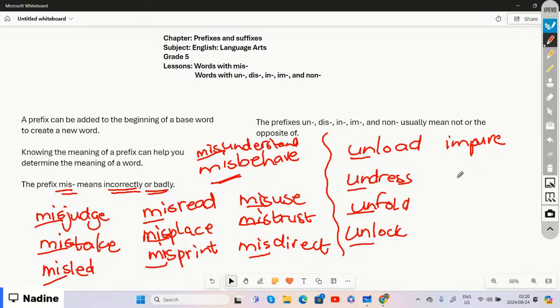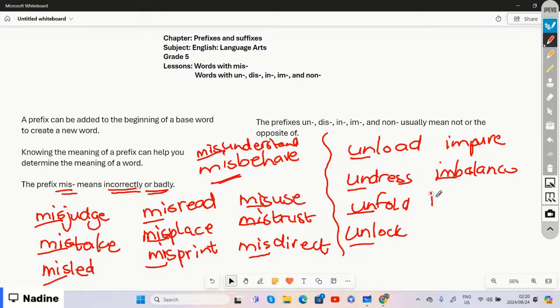So we have unload, undress, unfold, unlock. And then we have impure, imbalance, meaning it is not balancing.